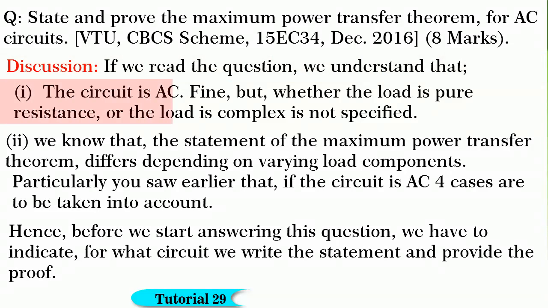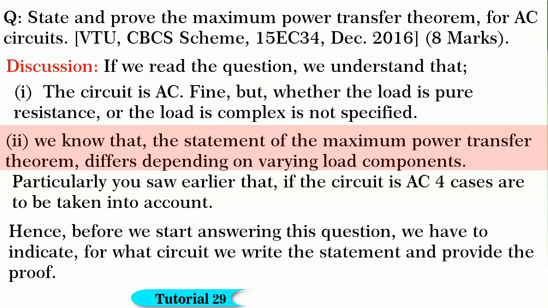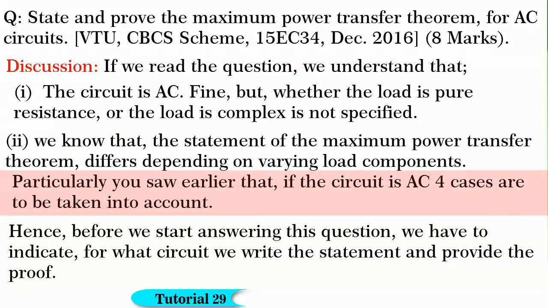Number 1, the circuit is AC, fine, but whether the load is pure resistance or the load is complex is not specified. Number 2, we know that the statement of the maximum power transfer theorem differs depending on the varying load component. Particularly, you saw earlier that if the circuit is AC, 4 cases are to be taken into account.